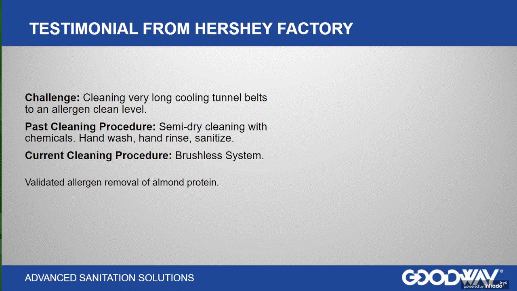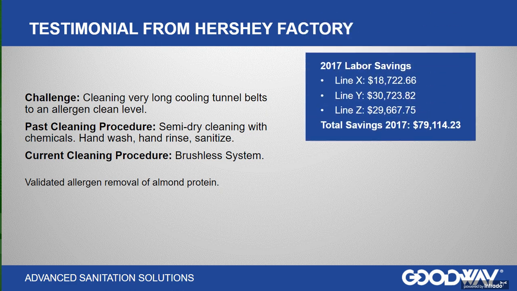Not only did they validate consistent 100% removal of almond proteins, there's no need to re-clean the belts if there's an allergen swab. They also saw significant labor savings, and of course this labor was allocated in other areas of the facility, but this particular cleaning task was able to be accomplished much, much faster.